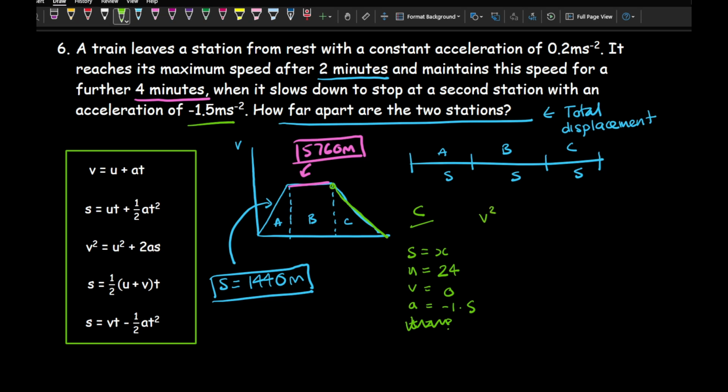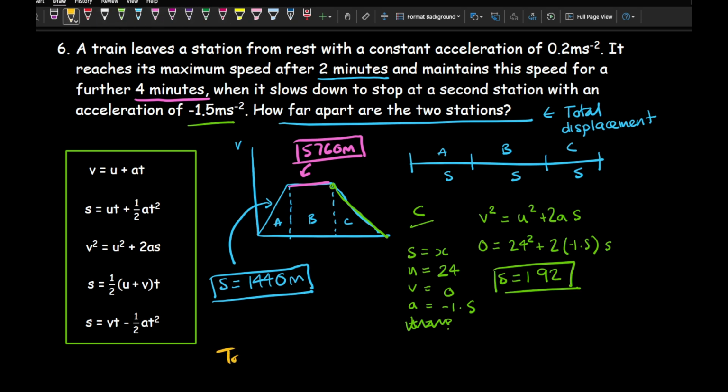So then using V squared equals U squared plus 2AS, substituting those numbers in, we get 0 equals 24 squared plus 2 times A, which is minus 1.5, and we've got S. And then simplifying all of that, what we end up with is an S value of 192. So all that's left for me to then do is answer the question, which is how far away are the two stations?